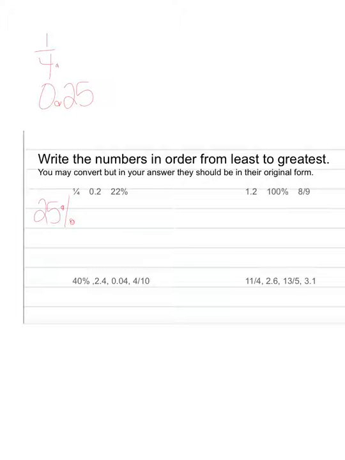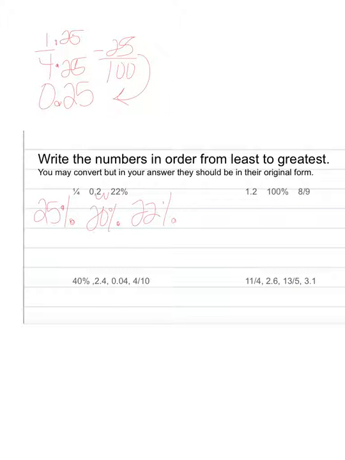1/4 times 25 over 25 is 25/100ths, which equals 0.25. 0.2, move my decimal over 2, so that's 20%, and then 22%.